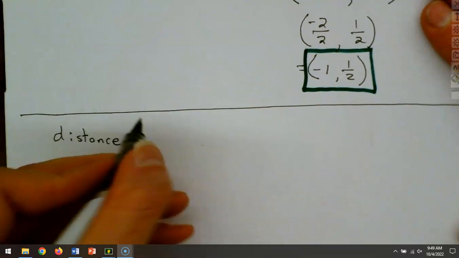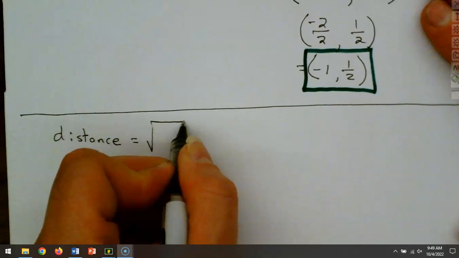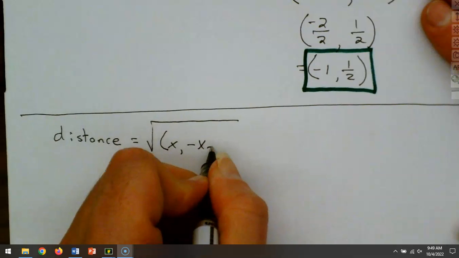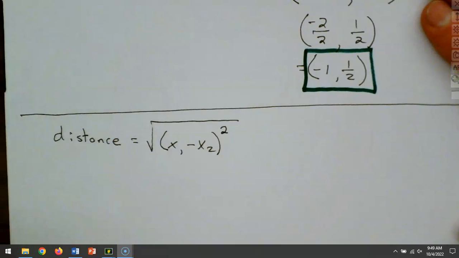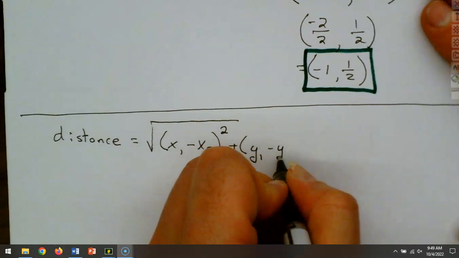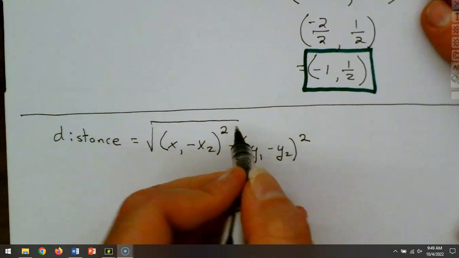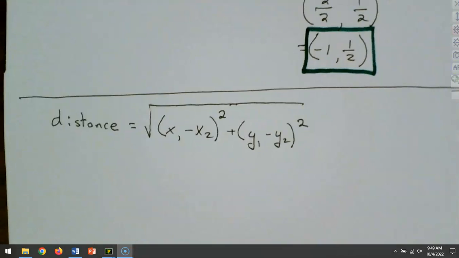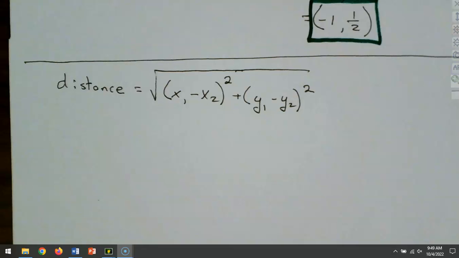Your distance formula is the square root of x1 minus x2 quantity squared plus y1 minus y2 quantity squared. So this is going to be our distance formula.